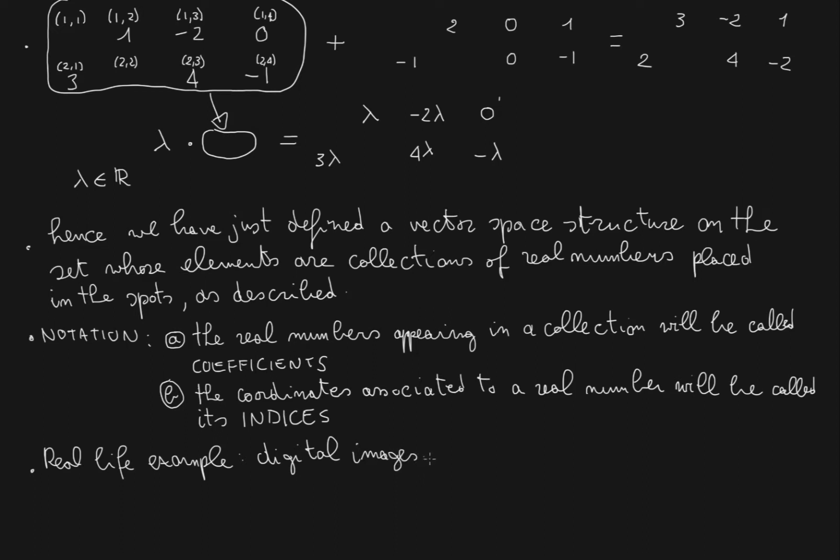In practice, a digital image is obtained taking a device made by silicon, actually tiny pieces of silicon called pixels, and one has several millions nowadays of them, placed in a rectangular shape, through these devices called CCD or CMOS.